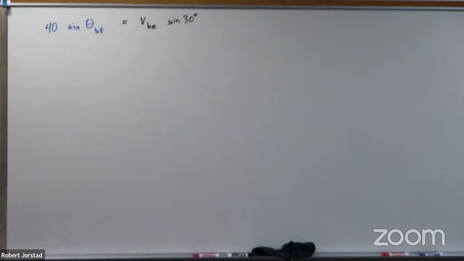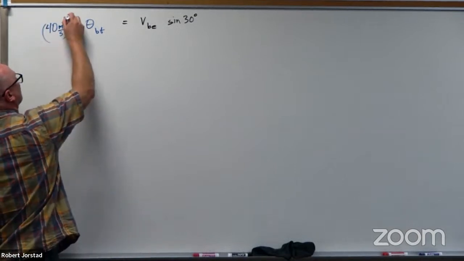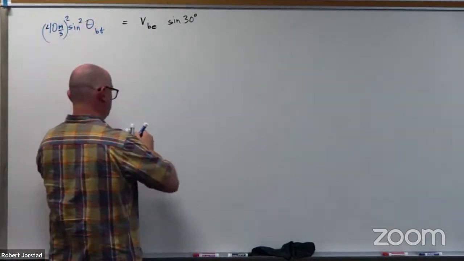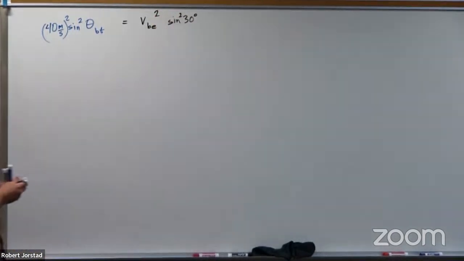Okay. So in this case, what I said was square it. So I'm going to square it. Oh, what the heck? Let's leave the units in. I'm going to square every term. Okay.